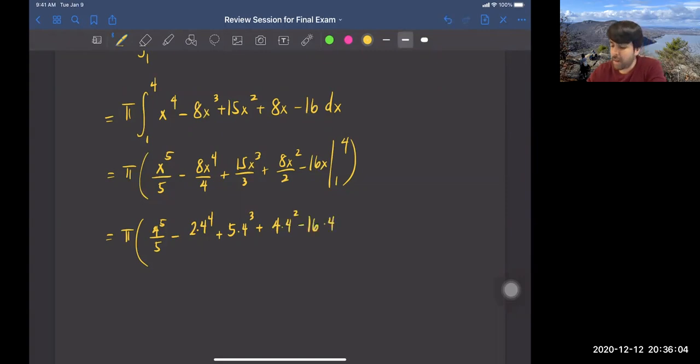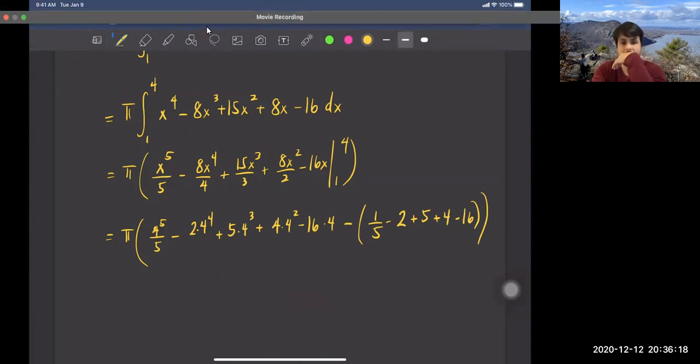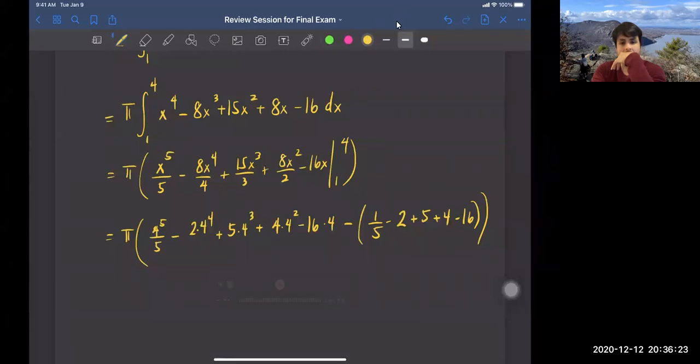There's a lot of computation here. Minus 1/5 minus 2 plus 5 plus 4 minus 16. My goodness gracious. Everyone follow me so far? I know it's a lot. It's a lot of computation here.